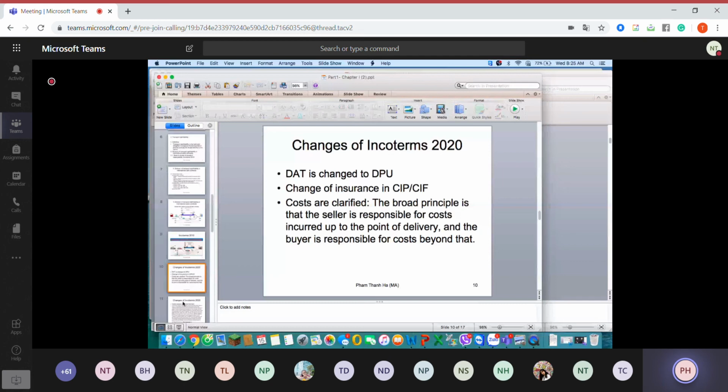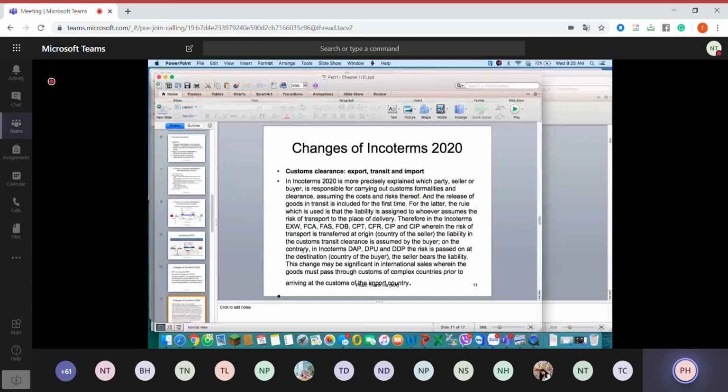And about customs clearance, which relates to export, transit, and import, similarly in Incoterms 2020 it is more precisely explained which party, the seller or the buyer, is responsible for carrying out customs formalities and clearance, assuming the costs and risks there. So we need to mention this in further detail for terms like EXW, FCA, FAS, FOB, CPT, CFR, CIF, and CIP.